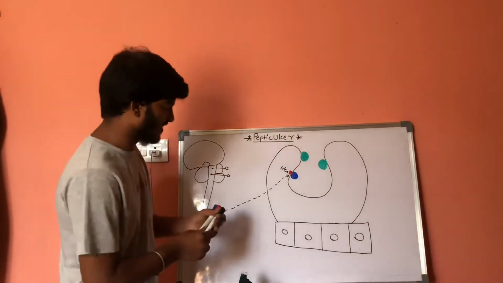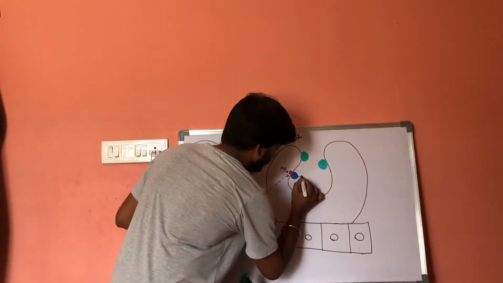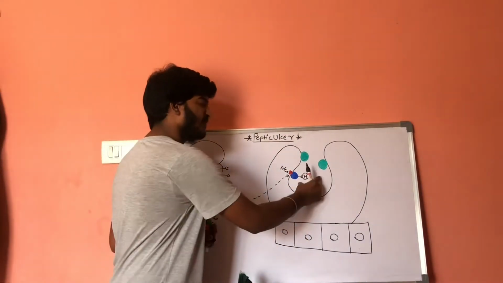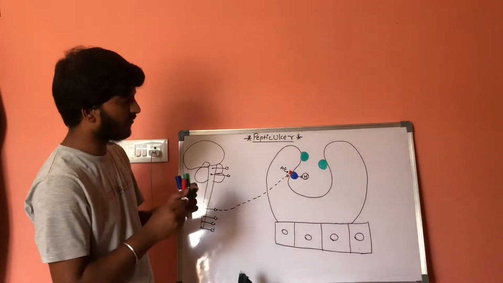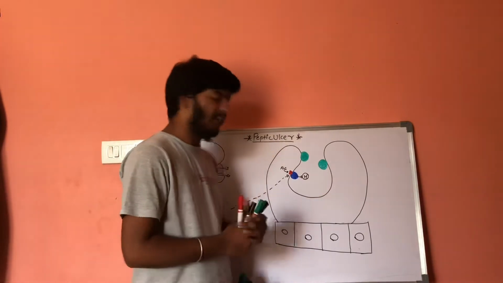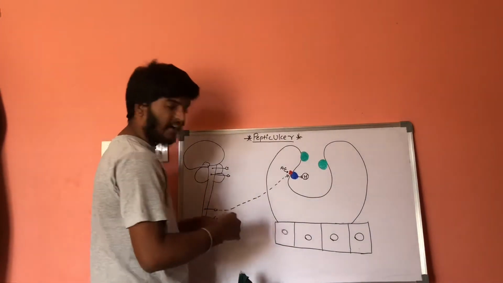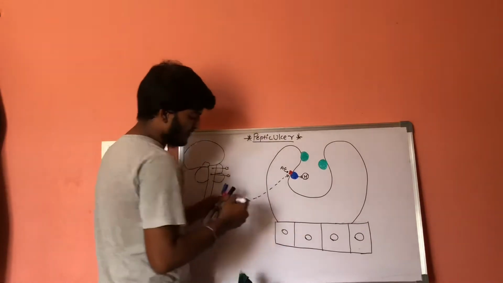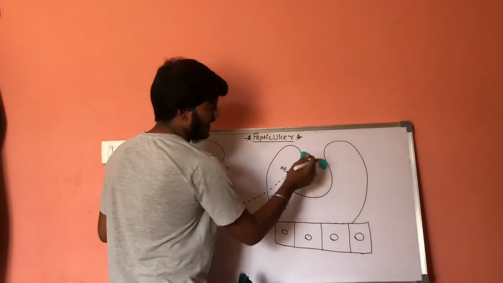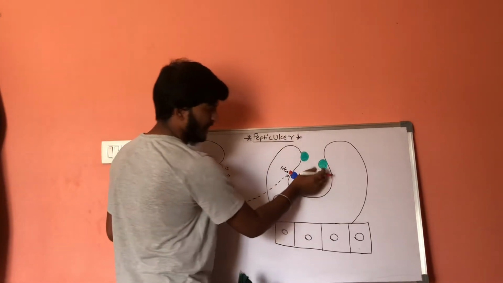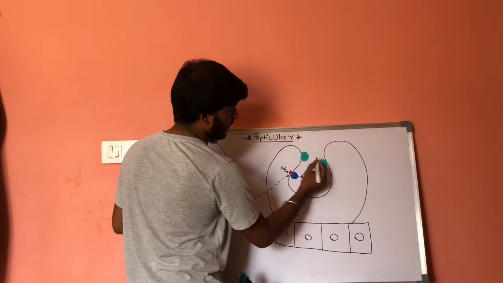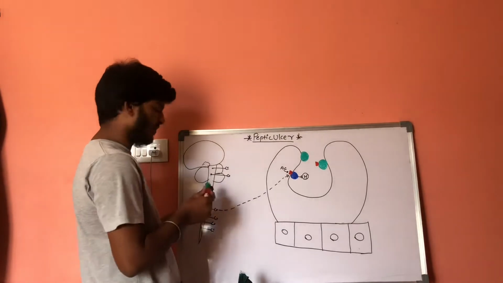Now the histamine which is present in the lumen will get attracted by the receptors which are present on these parietal cells. These are special receptors for histamine.